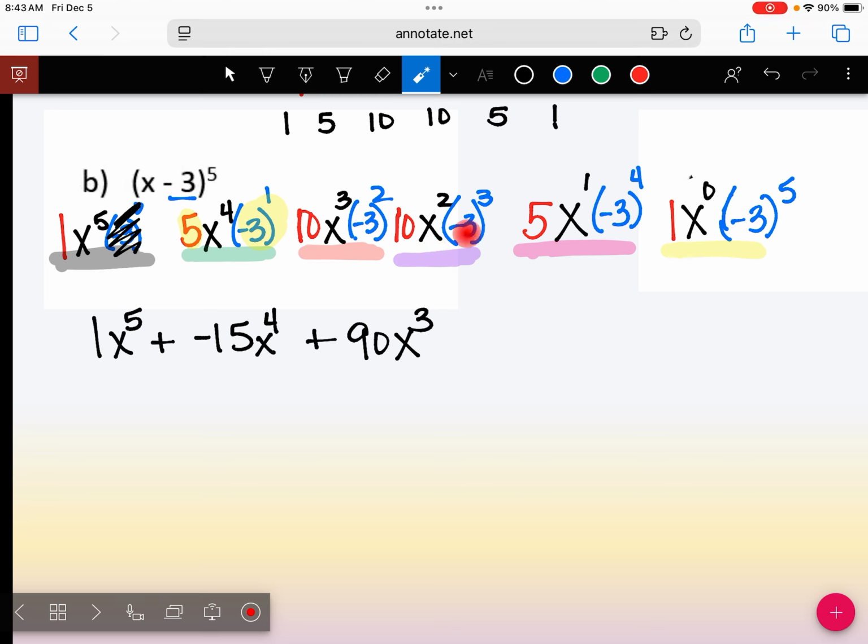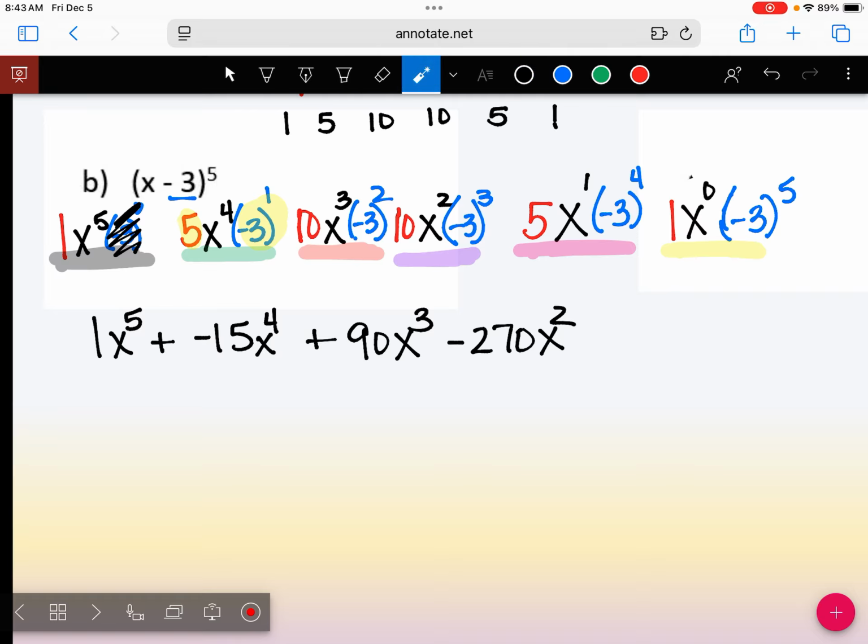Now I have -3 to the power of 3. -3 times -3 times -3 is -27. -27 times 10 is -270. And that would be x what? Squared.